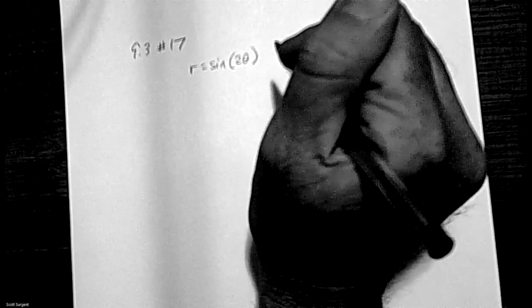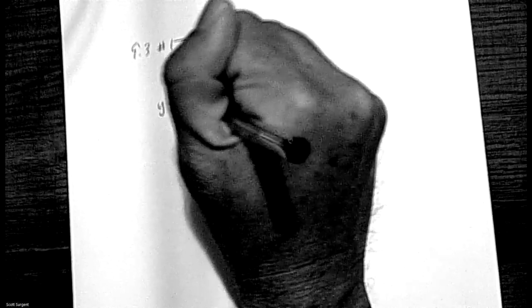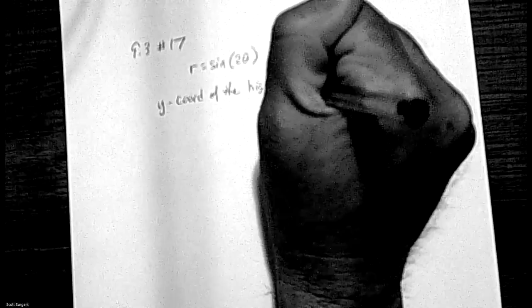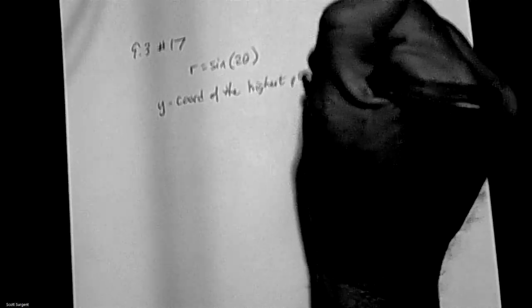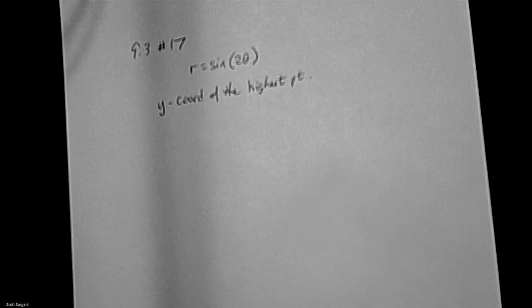So this is 93 number 17. The curve is r equals sine of 2 theta. And we want the y coordinate of the highest point, which I assume is going to be the max. All right, so what we're going to do is convert this.